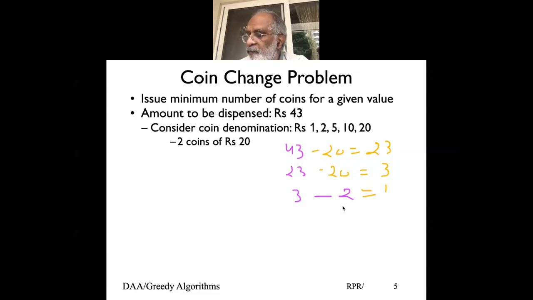And then I pick a 1 rupee coin, and I am done. So the total coins I have given are two 20 rupees coins, a 2 rupees coin, and a 1 rupee coin. So the total coins I gave is 4.